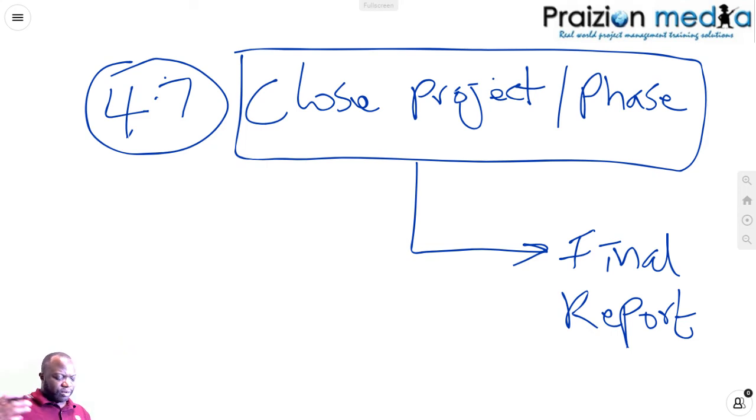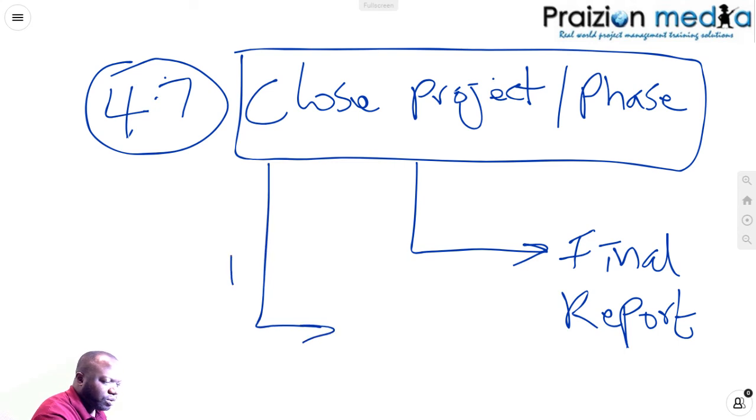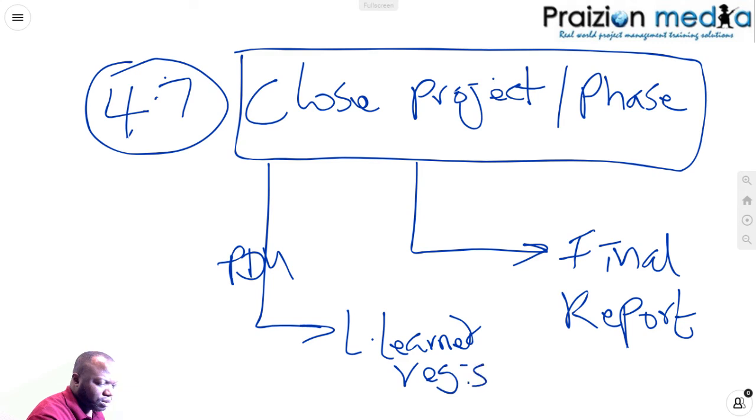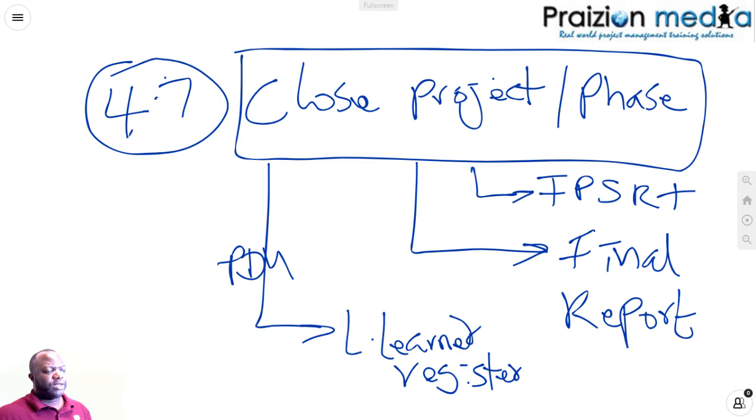We still have the final product, service, or result transition. We have lessons learned register rolled up under project documents updates. So bear that in mind. We have project documents updates, and we have the lessons learned register being touted as an output of that due to, of course, updates. But we also have final product, service, or result transition, as we did before, FPSRT.